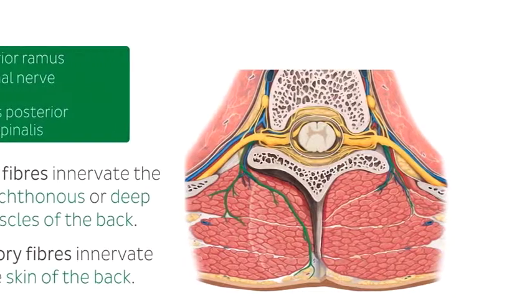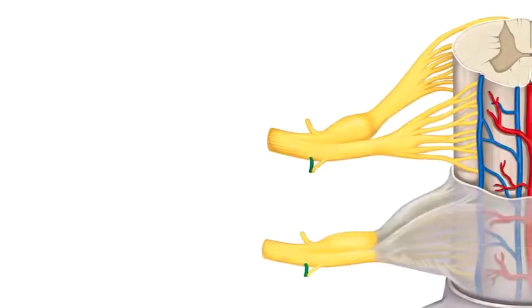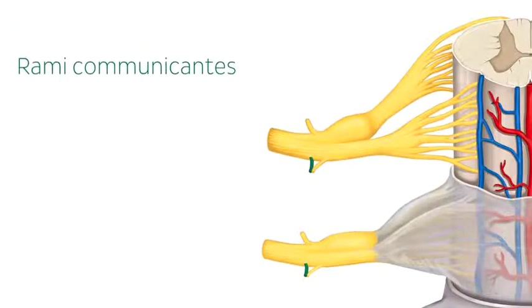Now, let's see something that is more complicated, but we'll explain it in a simple way in order to understand it. The anterior ramus of the spinal nerve gives off two other branches, the rami communicantes or the communicating rami. Their name suggests that they are responsible for the communication of the spinal nerves with the autonomic nervous system.